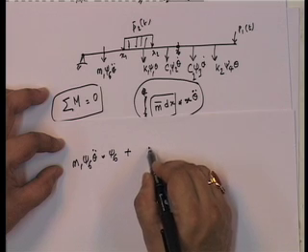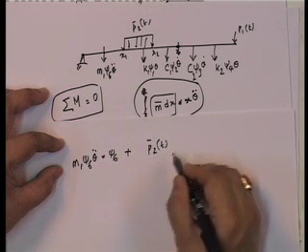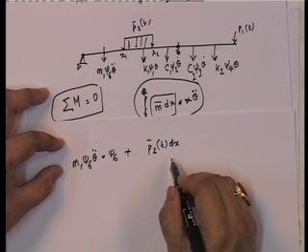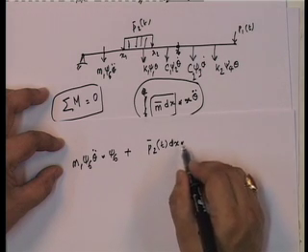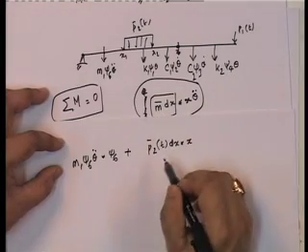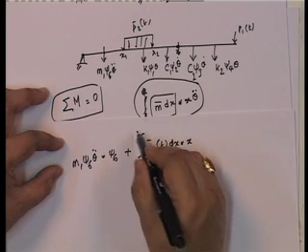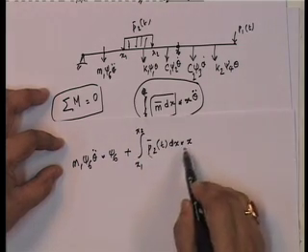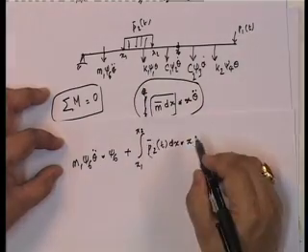I can look at it in this fashion, P bar t dx, that is the load, and that at point x is going to have x as the distance, and if I integrate from x 1 to x 2, it gives me the moment due to this load.